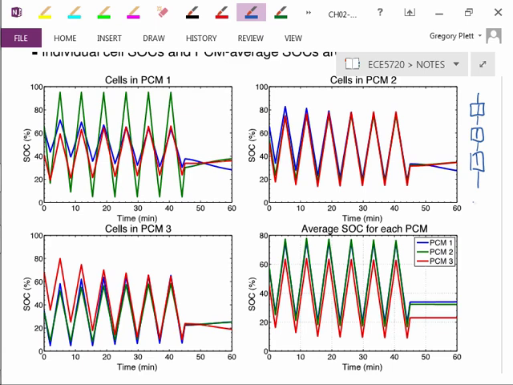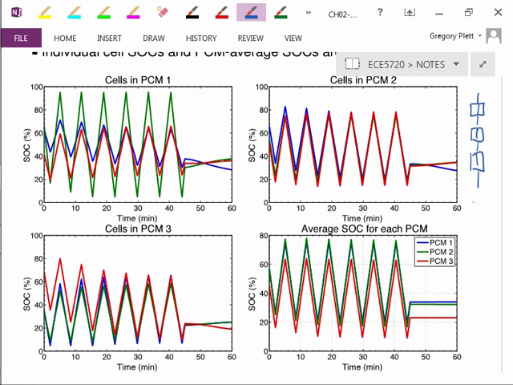The green line has a very wide variability in state of charge as I cycle the battery pack, so that leads us to believe that cell must have a very low capacity. In fact, it's the widest range of state of charge, so it must have the lowest capacity of all the cells in the battery pack. The red line has much less variability, the blue line has even less, so they have a higher capacity.